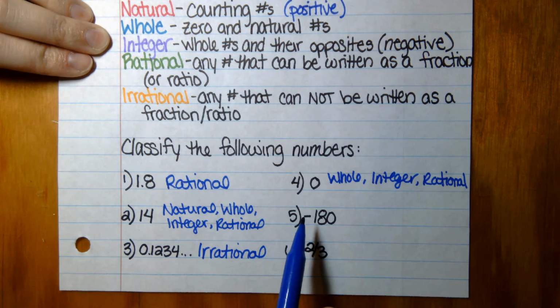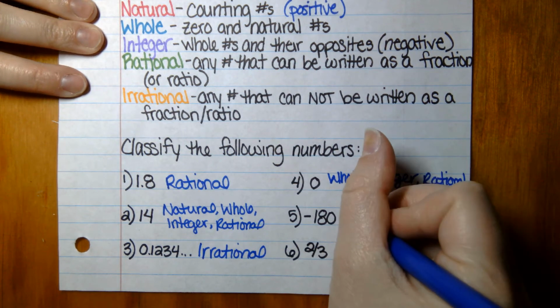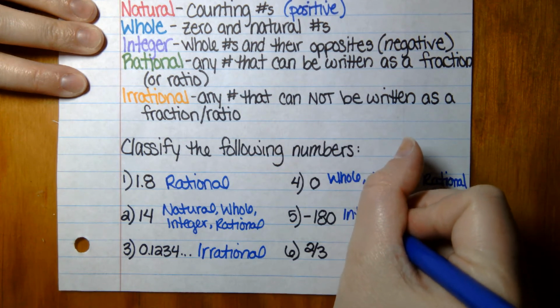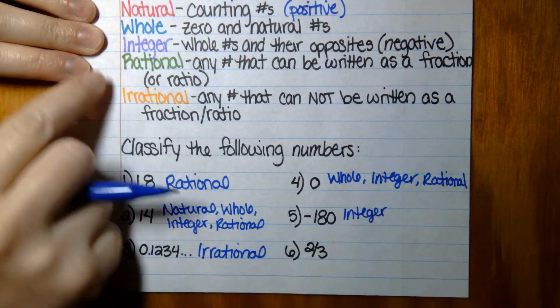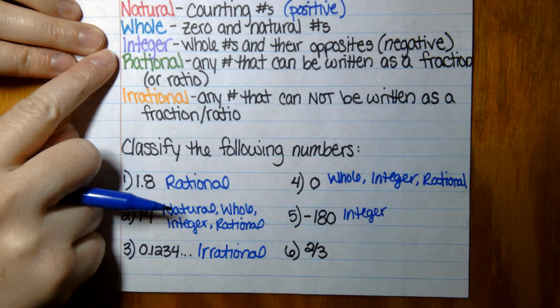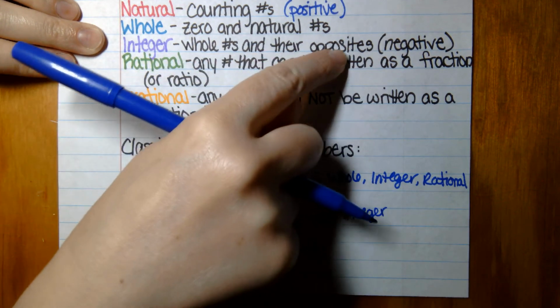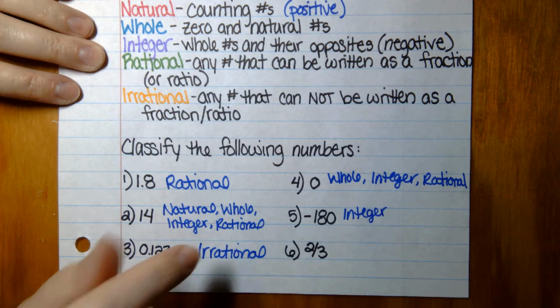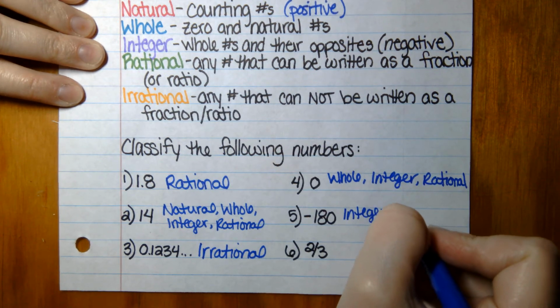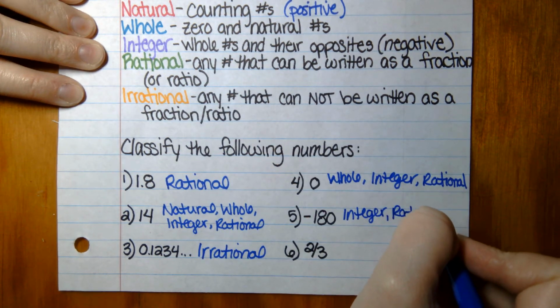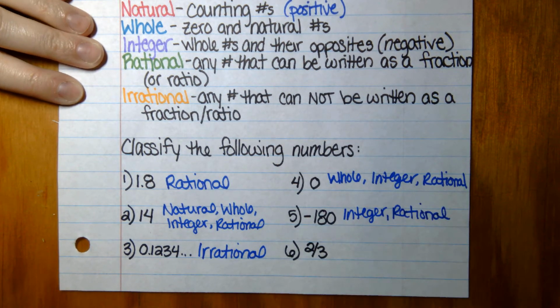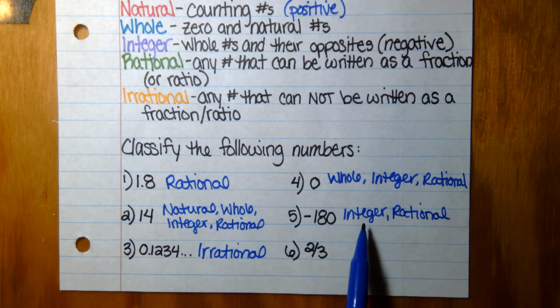So now we move to our integers. So it is an integer because it is a whole number's opposite. It also is rational because it can be written as a fraction by putting it over 1.